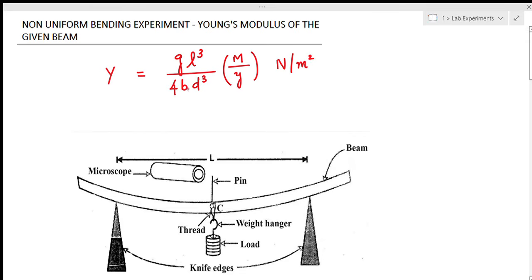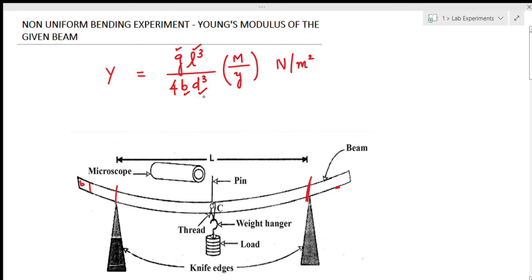The expansion of all the notations and the relevant unit should be written here. g is acceleration due to gravity in meter per second square. L is the distance between two knife edges, in meter. b is the breadth of the scale, which is to be determined using Vernier calipers. d is the thickness of the beam, using screw gauge.